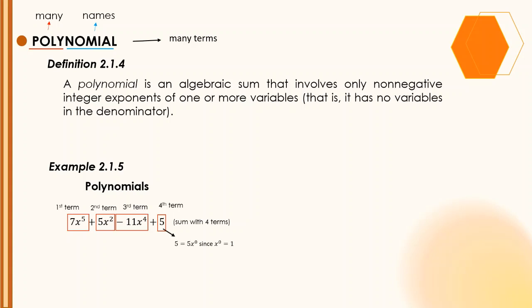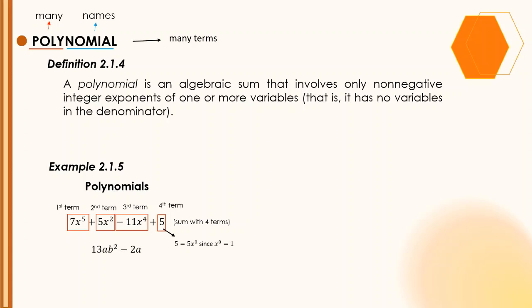Take note, 5 can be equal to 5x to the power of 0 since x to the power of 0 is equal to 1. So any variable na may exponent na 0 is automatically equal to 1. So since lahat ng exponent ng each term is non-negative, meaning this is a polynomial.